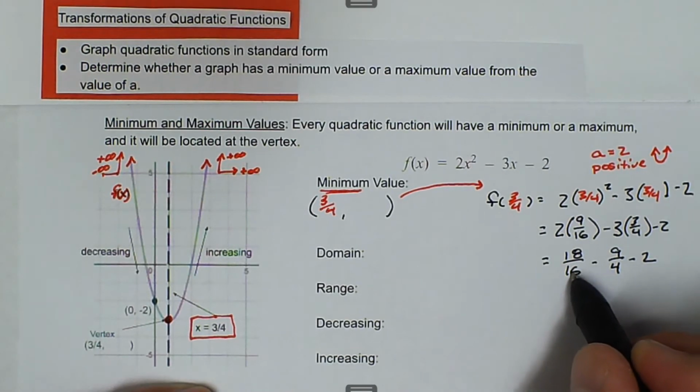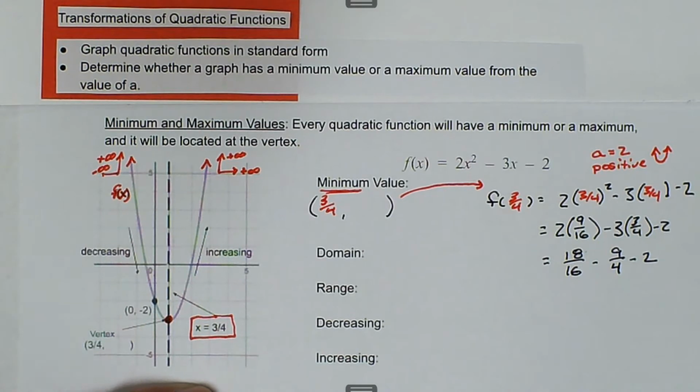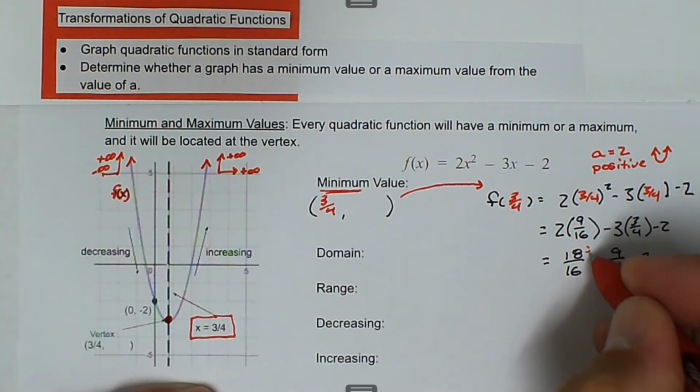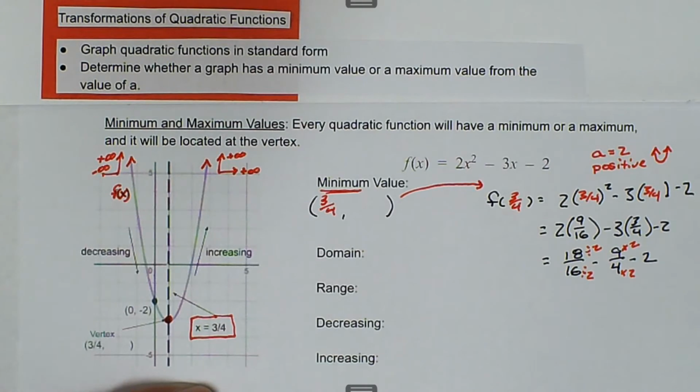We need to get a common denominator, so we can divide these both by 2 to reduce this fraction to get a common denominator there. And we can multiply these two by 2 to get a common denominator there.